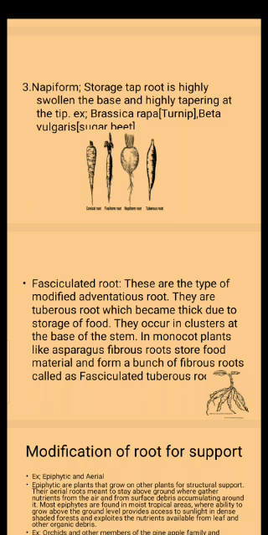Example, you can see in monocot plants like asparagus, fibrous roots store food material and form a bunch of fibrous roots called fasciculated roots or fasciculated tuberous roots. So remember, these fasciculated roots are modified adventitious roots for the storage of food material. They appear like tuberous roots because the stored food material makes them look like tubers.